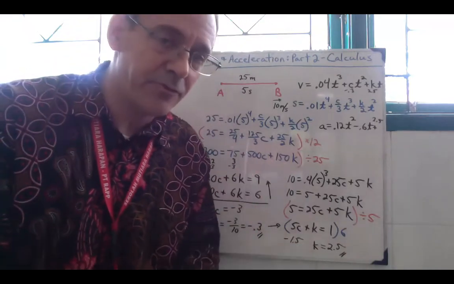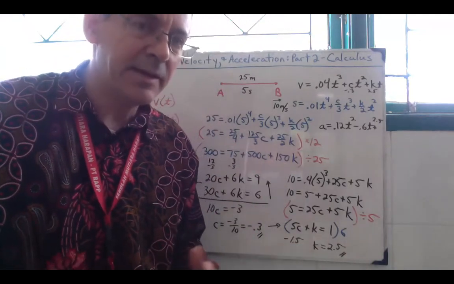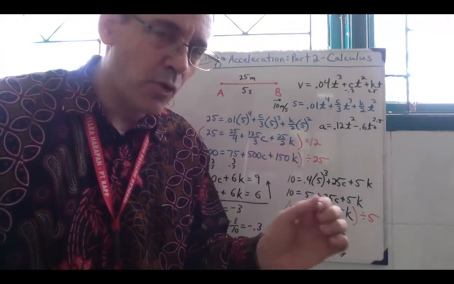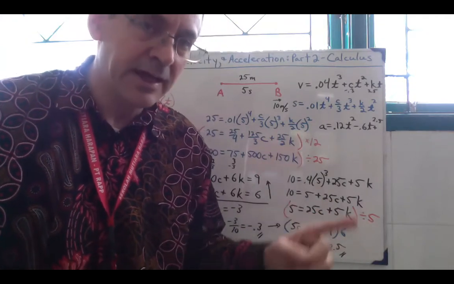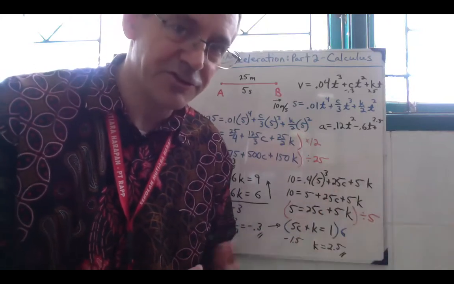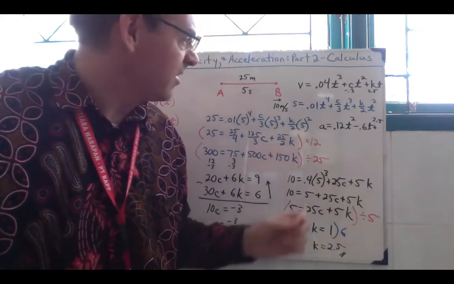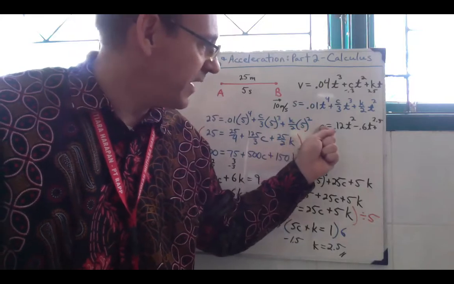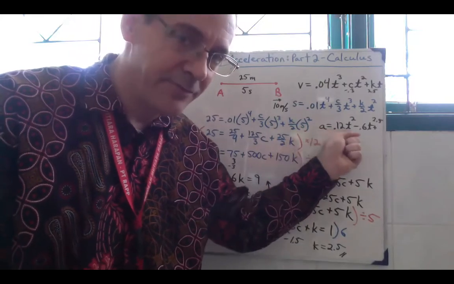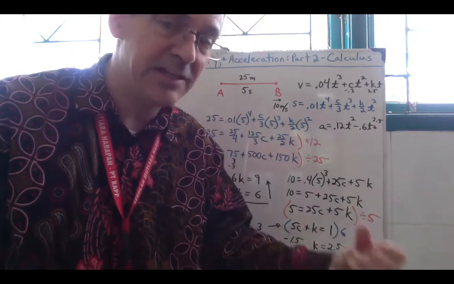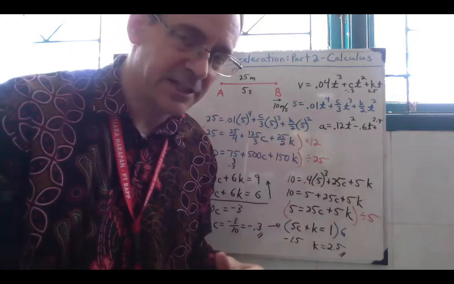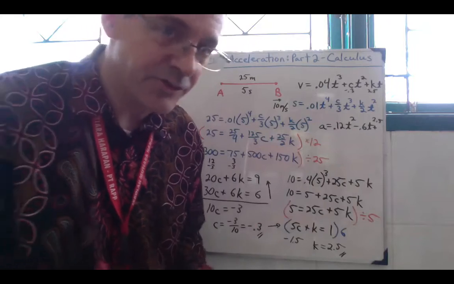If you remember from Pure Maths 1, anytime you want to find the minimum or maximum, you set the first derivative equal to 0. It's called your stationary points. So if we're going to find the minimum of the acceleration function, we need to derive it again. We need to find the derivative of the acceleration and then set it equal to 0.